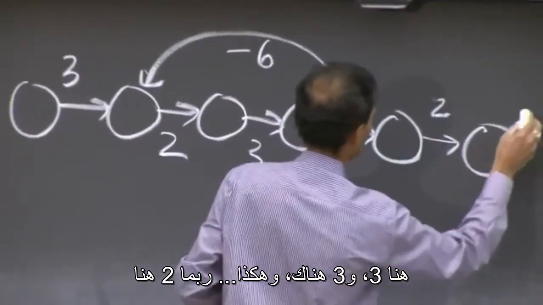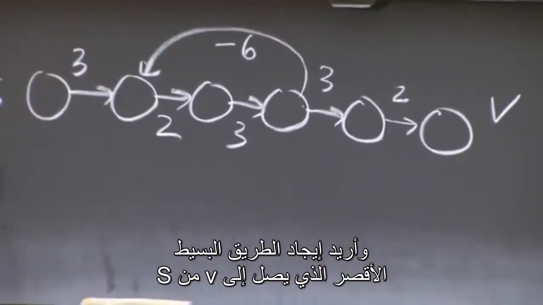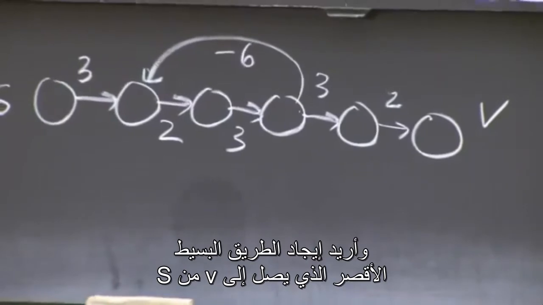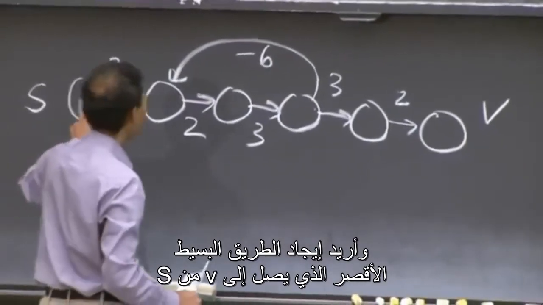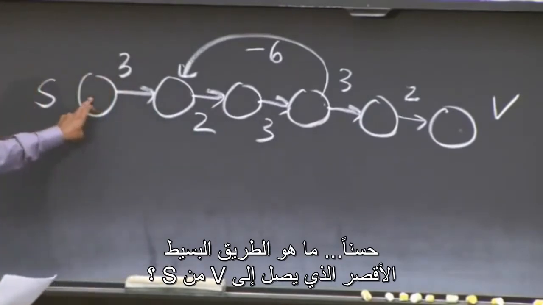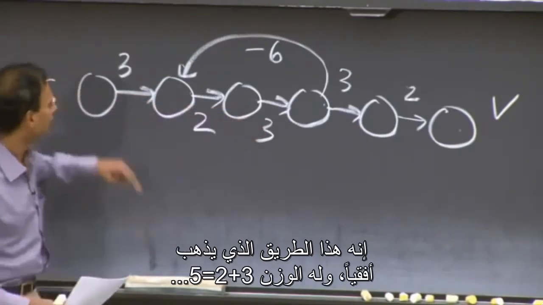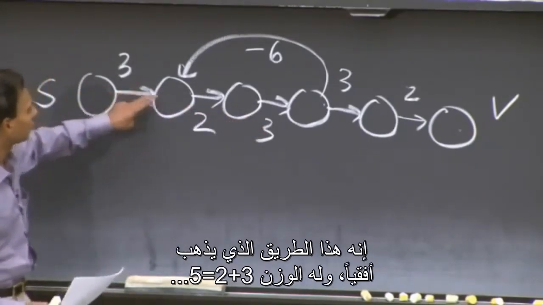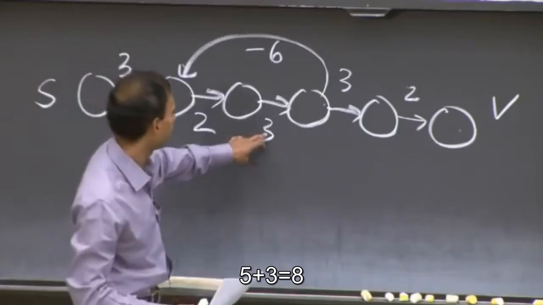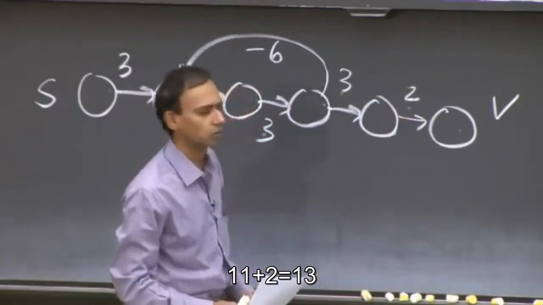Maybe 2 here. And I want to find the shortest simple path that reaches V from S. What is the shortest simple path that reaches V from S? It's this path that goes horizontally, which has weight 3 plus 2, 5, 5 plus 3, 8, 8 plus 3, 11, 11 plus 2, 13.